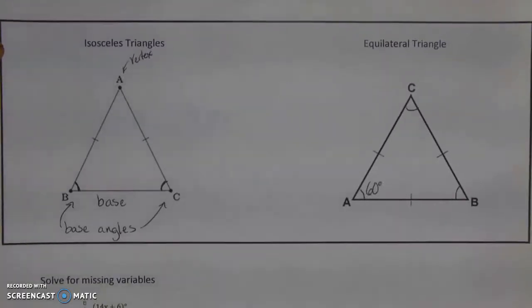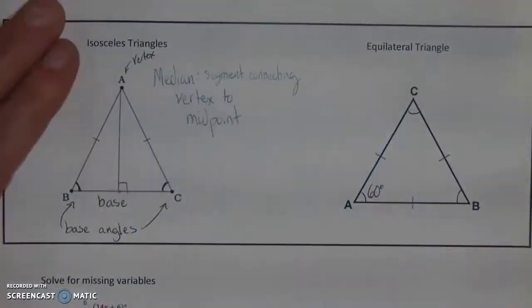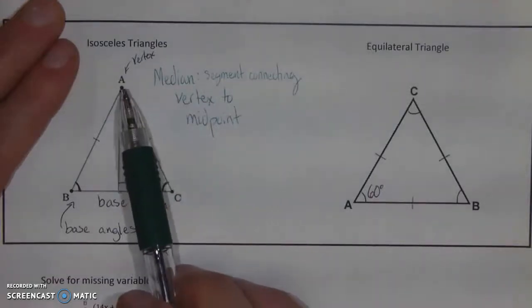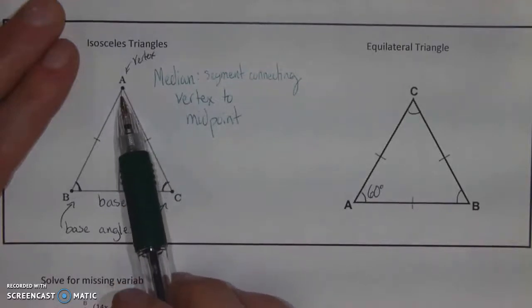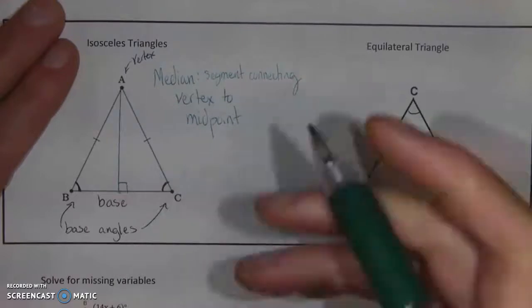and that has to do with a special line in this triangle called the median. The median of a triangle is the segment that connects the vertex to the midpoint. You can see that is then this line here from A to the midpoint of the base.